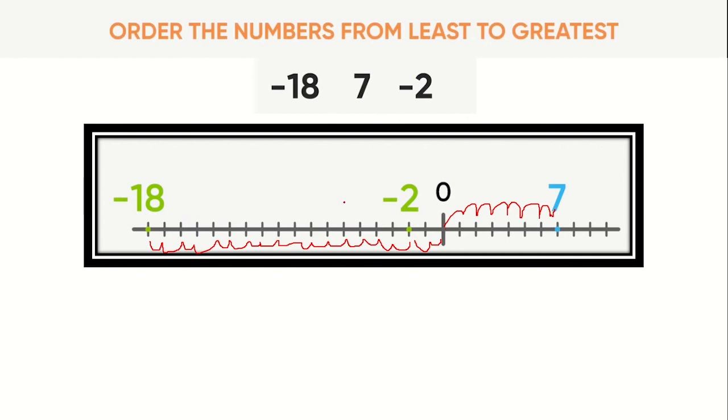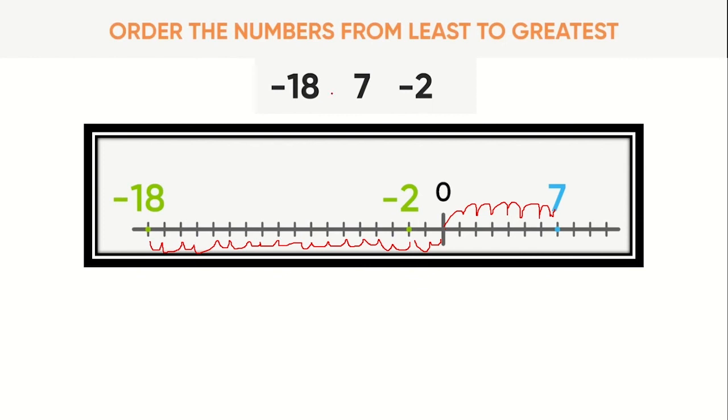So how do we arrange or order the numbers from least to greatest? First, let's consider the shortcuts I taught you a while ago. First shortcut: positive numbers are greater than negative numbers.